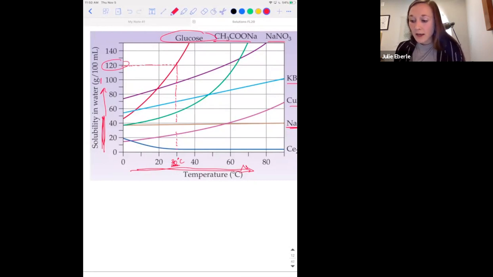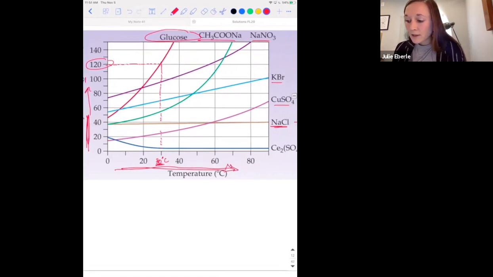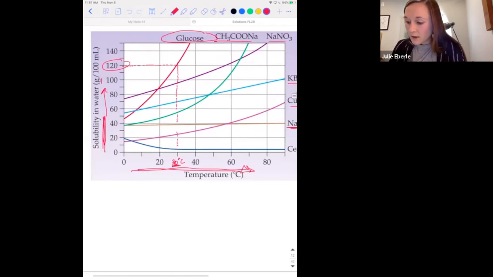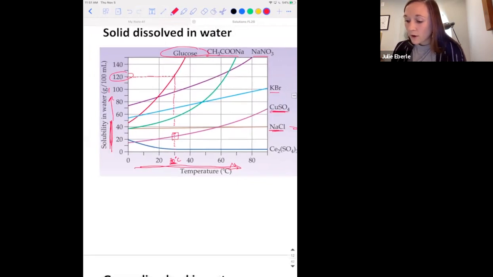So you could read this by just finding the temperature, if I ask you a temperature, and seeing where that line from the horizontal portion, the x-axis, crosses with these solubility lines for each substance. So at 30 degrees Celsius, how much copper sulfate is dissolved in water, or whatever the solvent is? We would see where it crosses the line for copper sulfate and follow it over here.